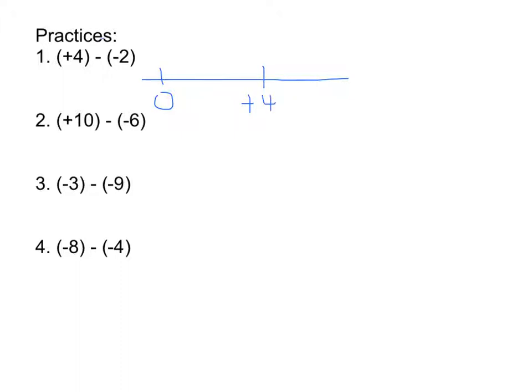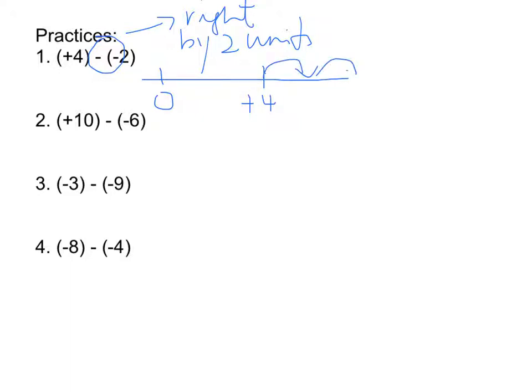Because it is minus a negative number, I move to the right by 2 units. Starting from positive 4: 1, 2, positive 5, positive 6.